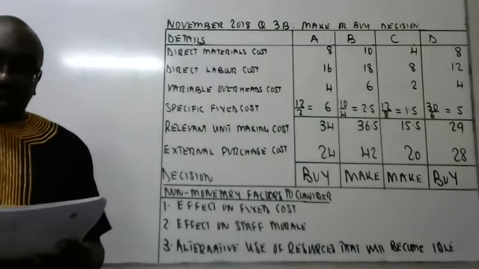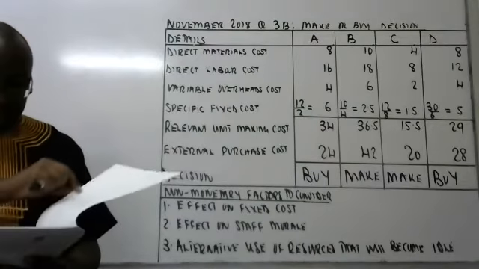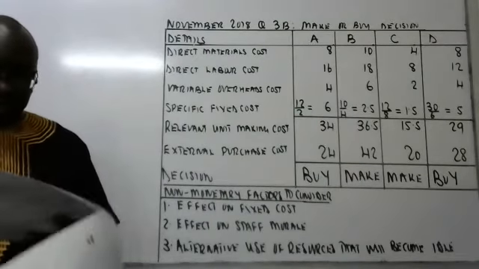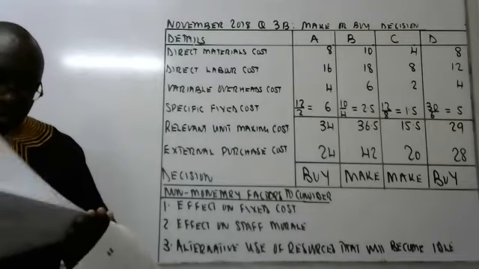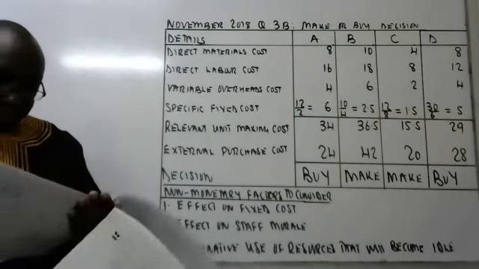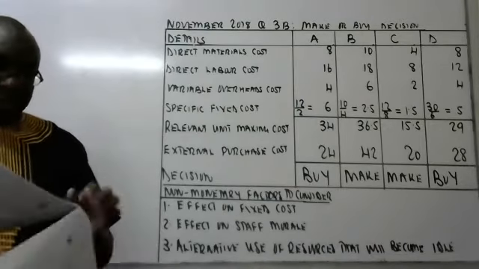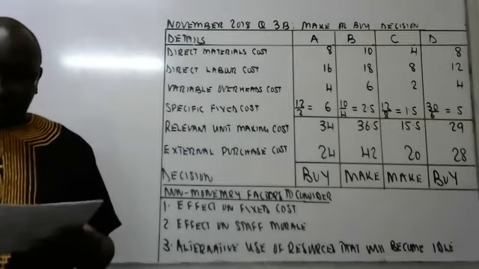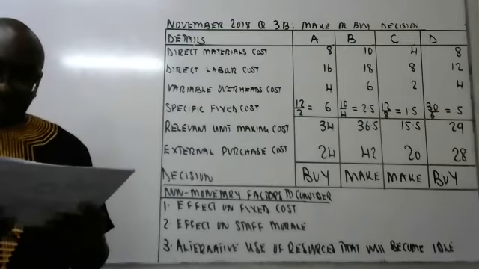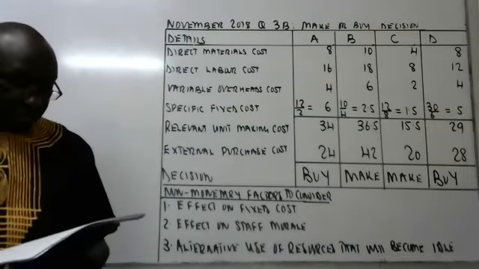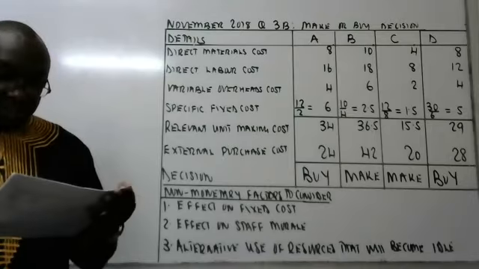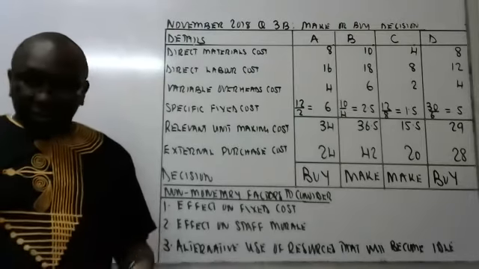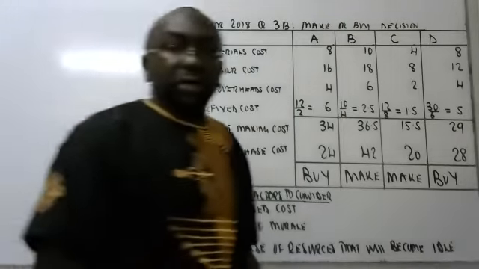Okay, the next question on the line is a question that was tested in November 2017. Go there. November 2017, question 3. That's the next one that I want to deal with.